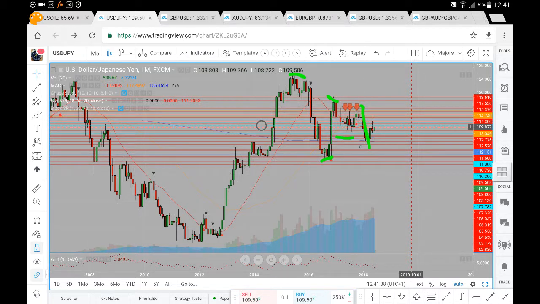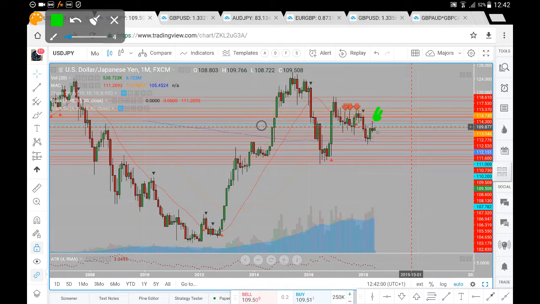We broke out to the downside, made relatively new lows compared to our previous lows from this trading range that we were in for a large part of 2017. So we broke out to the downside, from which we have seen a bullish buy side momentum take us back into the range.